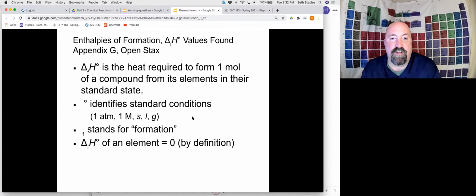And so we're given the glucose at negative 1274.5. And then plus oxygen. Remember, oxygen was 0. Started to run out of space. And so we put all that into the calculator.